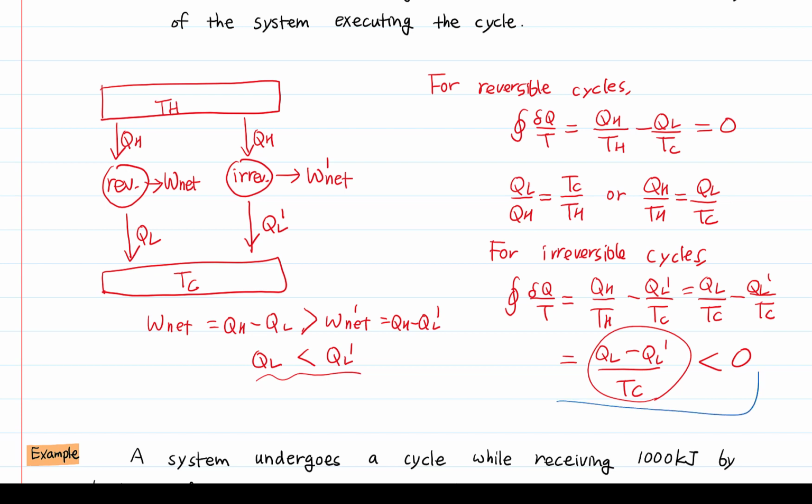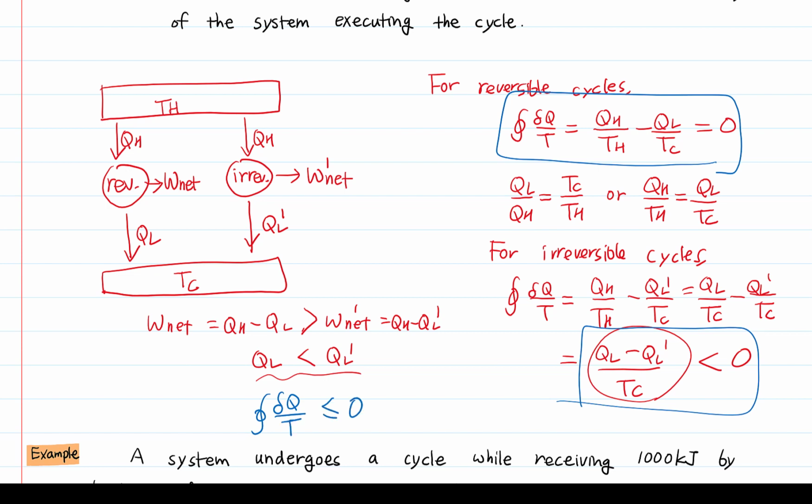So from this result and from this result, we can write for any cycle, the cyclic integration of delta Q over T is less than or equal to 0. But it is not possible to be greater than 0.